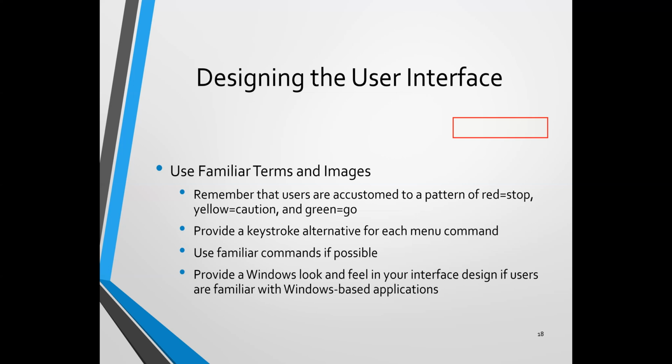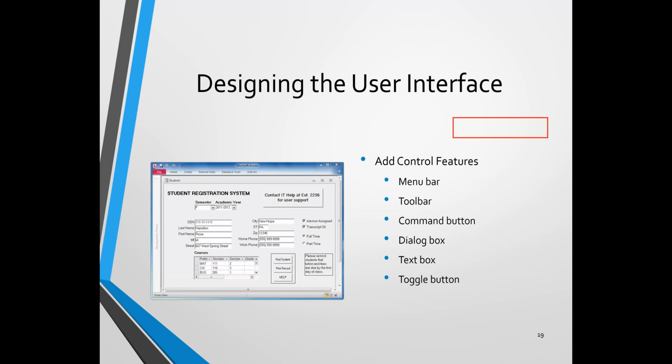Then provide a keystroke alternative for each menu command for the users too, because some users may want to use keystrokes together with the mouse to enter the data quickly. For example, suppose you have many fields. Let me show you in the next page. You have many fields like this. In here you can see SSN, right?